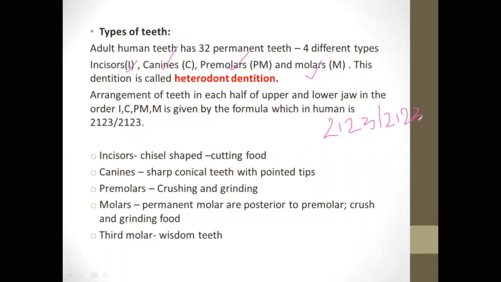So you have to remember this very carefully. There will be four options which state the formula used for the arrangement of teeth, and the correct option will be 2123 by 2123.